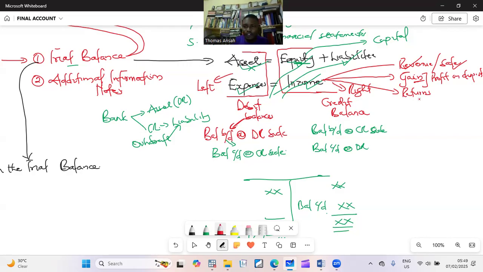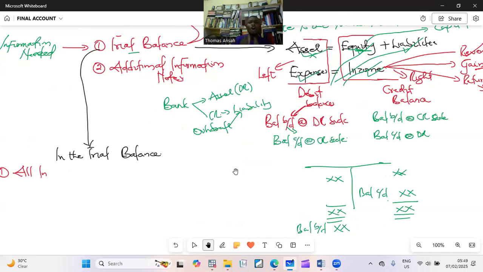So if I have some returns from investment, some rent income, these are all incomes. So in the trial balance, all the incomes that you see are listed for you. Examples include your sales revenue.